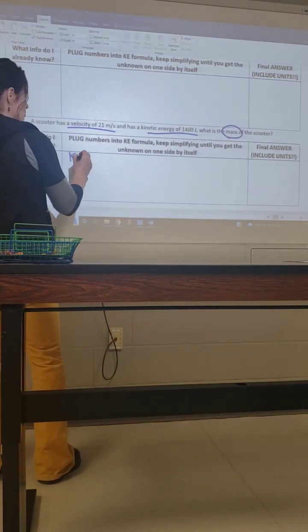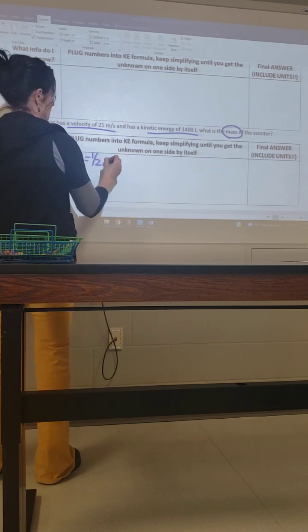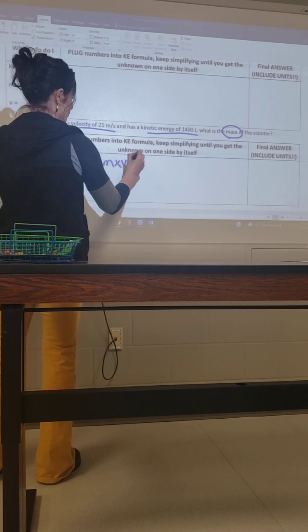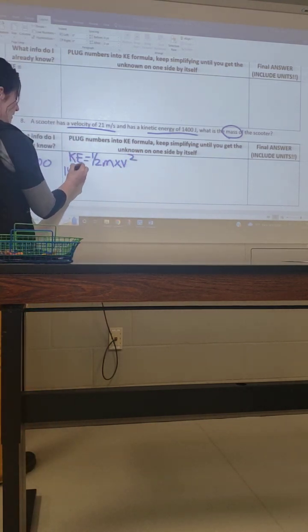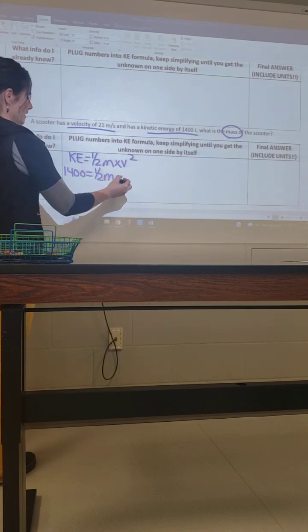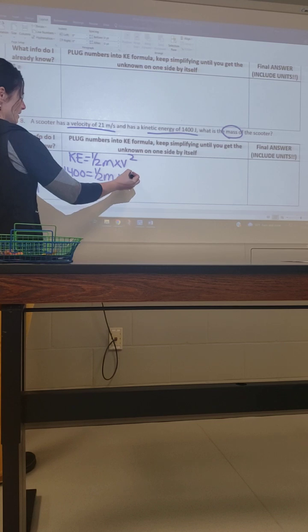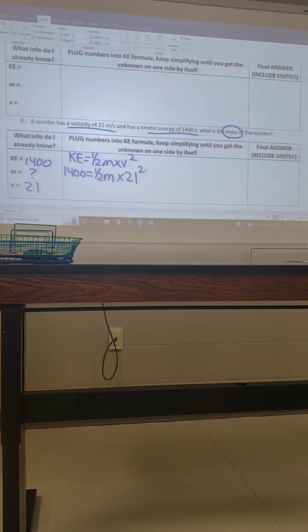So again, I do not rearrange, I keep the equation the normal version. Now I start filling in. 1,400 equals 1/2, again, mass is my unknown, so I leave it m. And then my velocity is 21, and I make sure I put the square there. If you do not put the square, that is definitely going to have a huge effect on your answer.